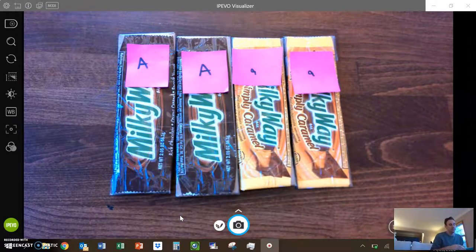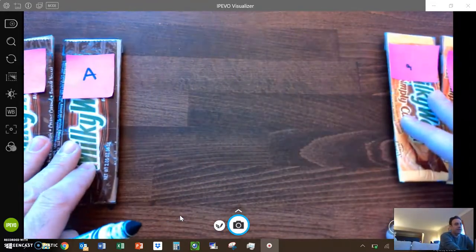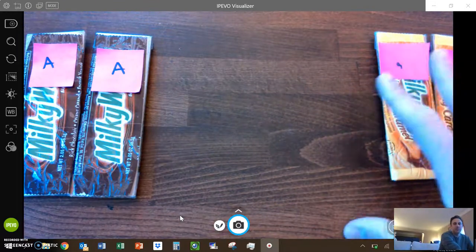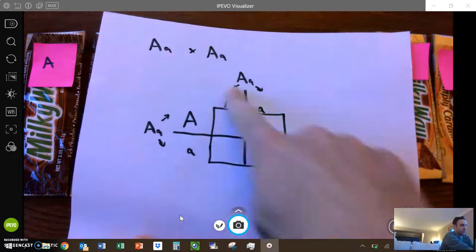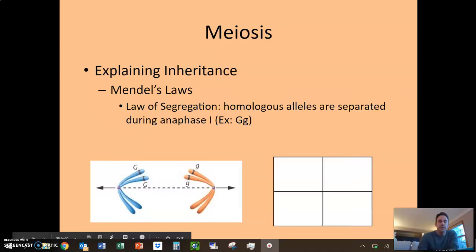Well, in meiosis 1, the homologous chromosomes are separated out to opposite ends of the cell, which means half the gametes are going to get big A, half the gametes are going to get little a, which is exactly why we do this when we make Punnett squares. So Mendel's law of segregation is actually those homologous alleles separating out during anaphase 1. So we can see the molecular basis for where that's happening.